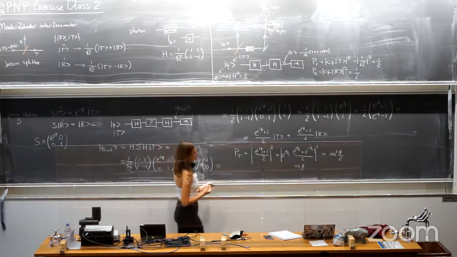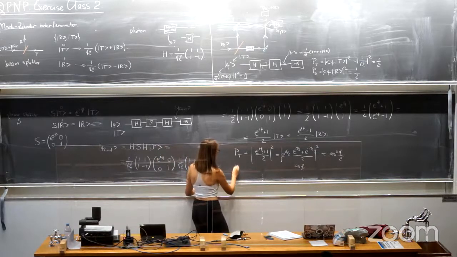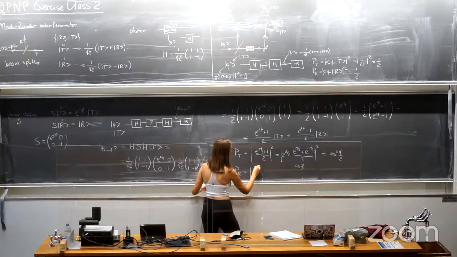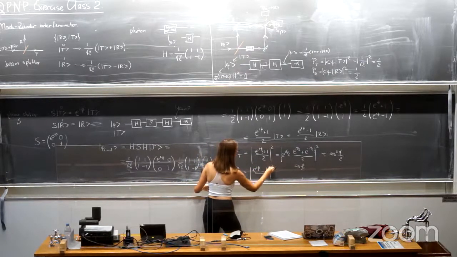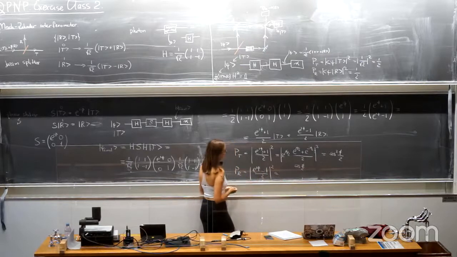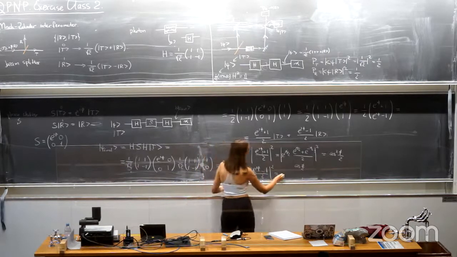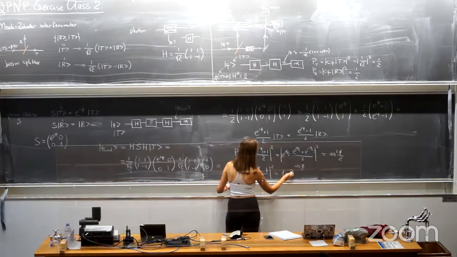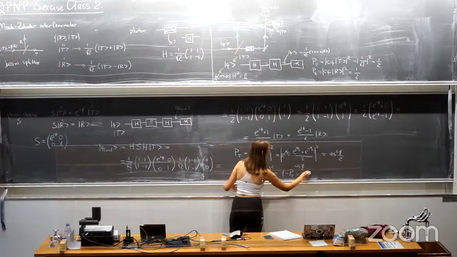And similarly for the probability of getting R, it's the modulus of e to the power i phi minus 1 over 2, squared. One easy way to calculate this is to say it's 1 minus the probability of measuring T, so it's going to be sine squared of phi over 2.